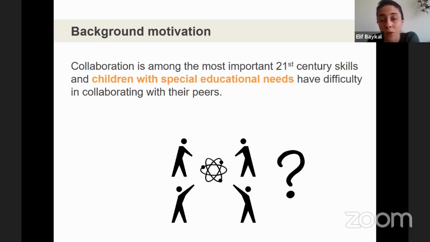And in this work, we refer to the term children with special needs, relying on UNESCO's definition, which refers to children who are up to 18 years old, who require some additional support to participate in society and have some difficulties in meeting some learning objectives for a variety of reasons. And these reasons may include, but are not limited to, some disadvantages in regards to physical, behavioral, intellectual, emotional, and or social capacities.